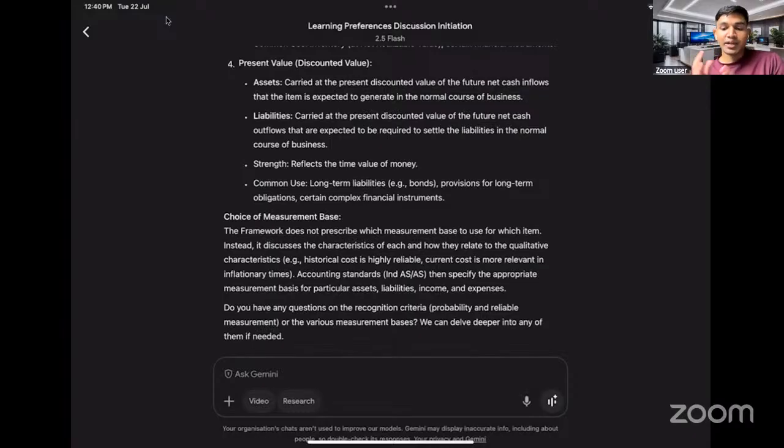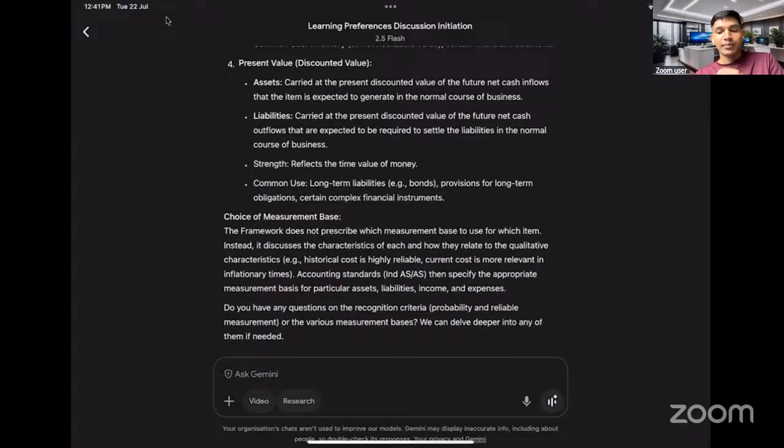Assets are carried at the present discounted value of the future net cash inflows that the item is expected to generate in the normal course of business. So we are considering the time value of money here.